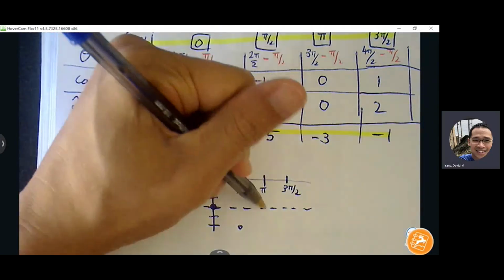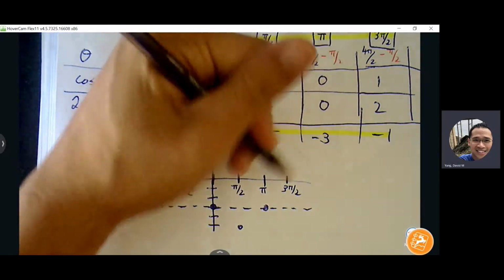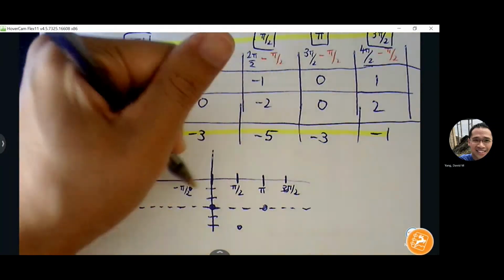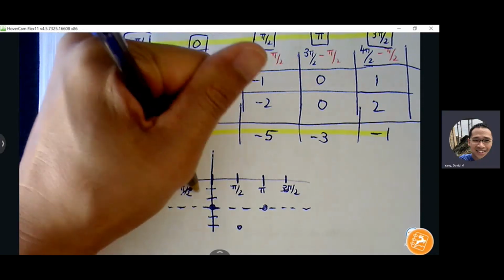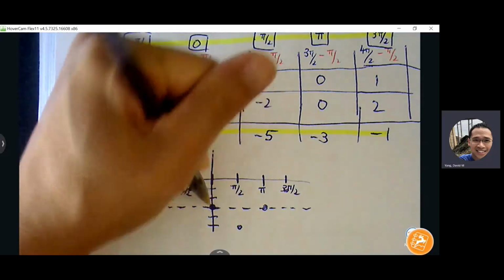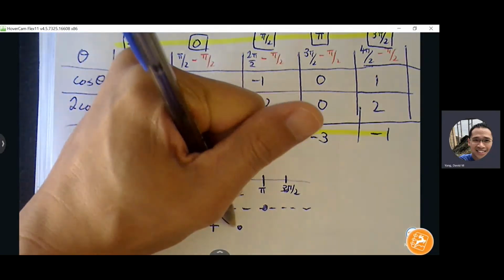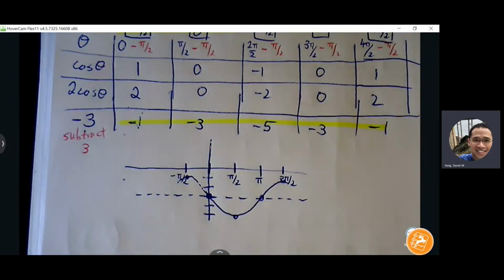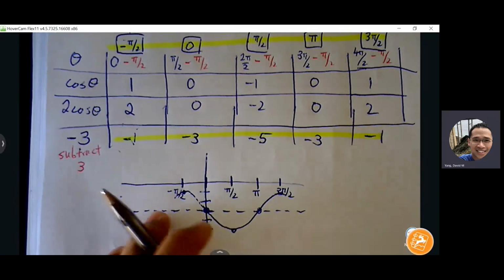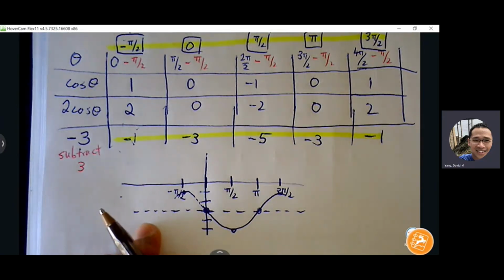Pi, negative 3. 3 pi over 2, negative 1. Okay, it should resemble a cosine graph that's been moved all these different ways. So we can still see that cosine graph there, right? It's been shifted, it's been moved, it's been stretched.